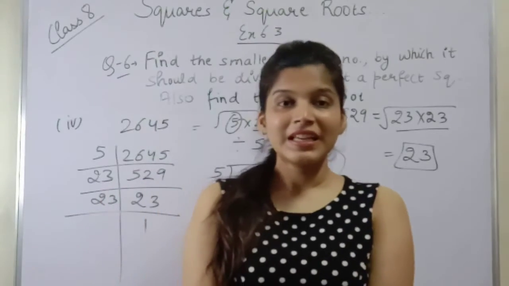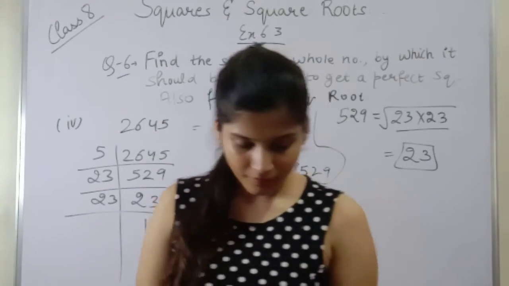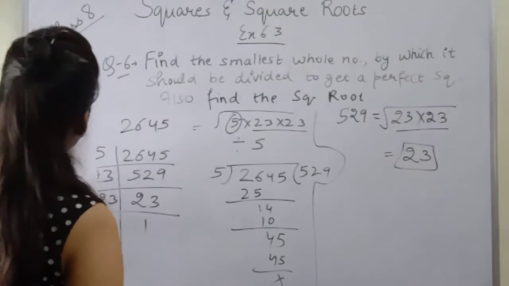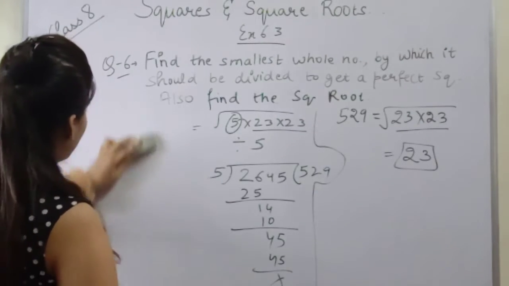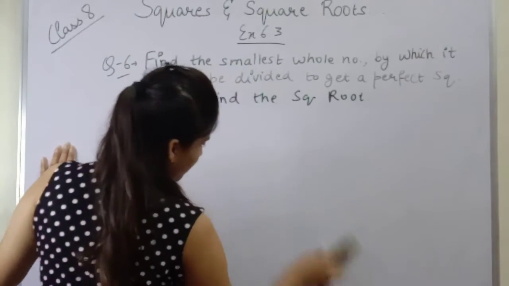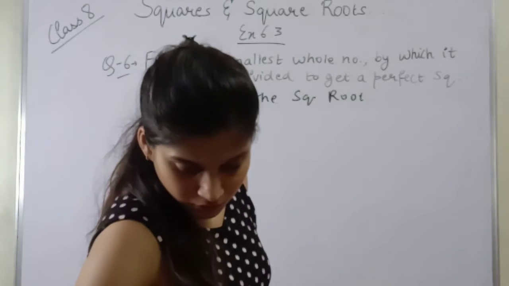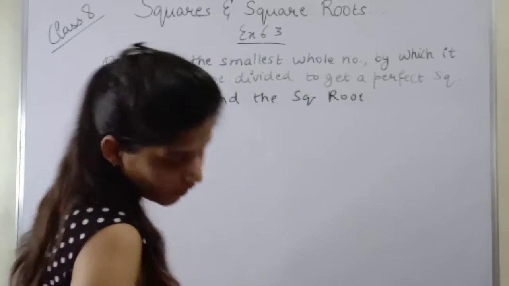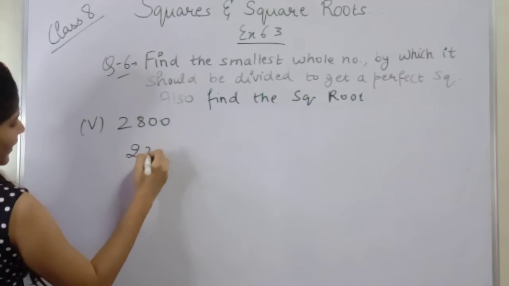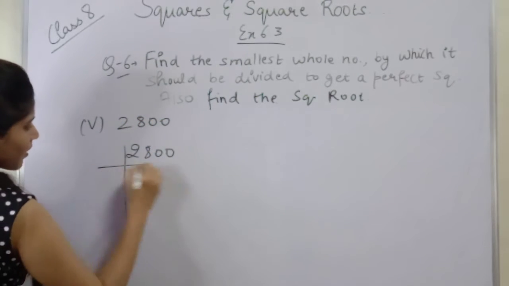Now let's come to the next part. So 2800, we will prime factorize this number first.